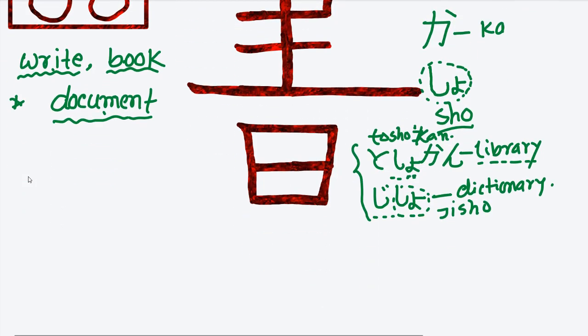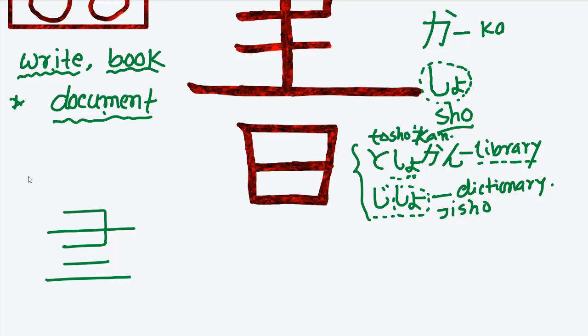So here I need to know the order of the kanji. Horizontal one, vertical one, a bigger horizontal from left to right, and another similar one, again a lower one, again a big one, a vertical one in the middle, and here is also another one. So this is write, book, dictionary, write, library and dictionary.